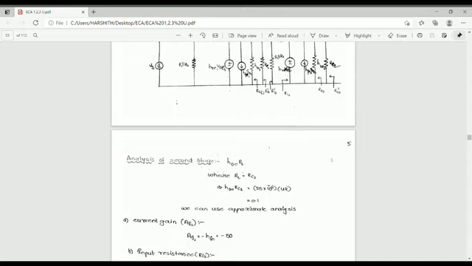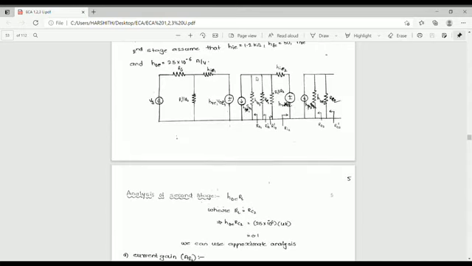First of all, analysis of the second stage. This is the second stage, and afterwards we can calculate the first stage. First one, analysis of the second stage. Here hoe RL: this is the hoe and this is the RL. So hoe RL equal to hoe RC2.